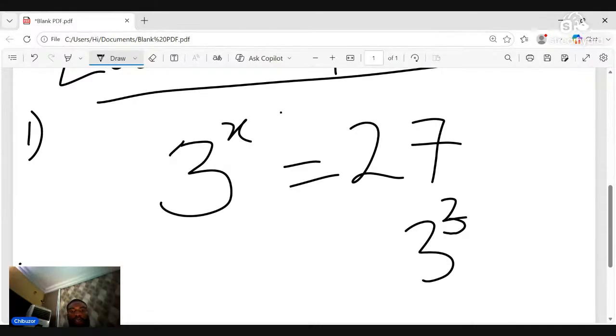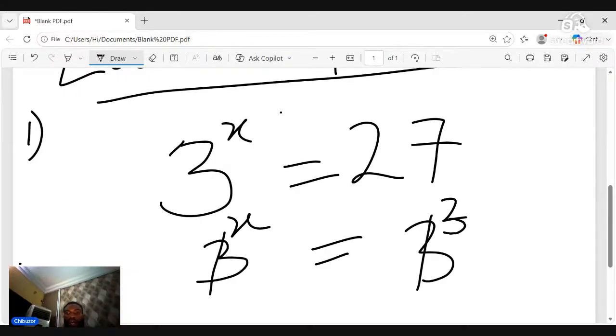So we can say 3 raised to power x is equal to 3 raised to power 3. Here we have that the two bases are equal. Now that the two bases are equal, we can cancel out 3. And we have that x is equal to 3.